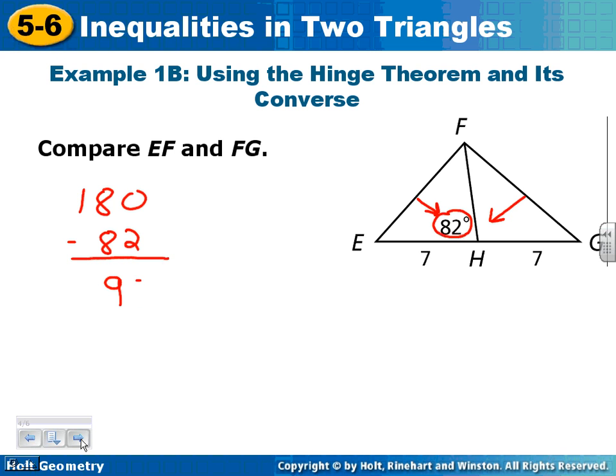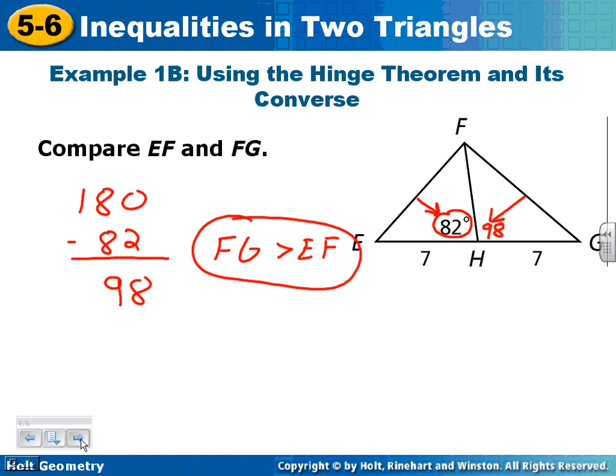That makes 98. So this angle is 98 because they have to add up to 180. So I could say, well, the bigger one looks like FG because 98's bigger. So I could write FG is greater than EF. And of course, you can flip them around and put a less than symbol in there. No problem.